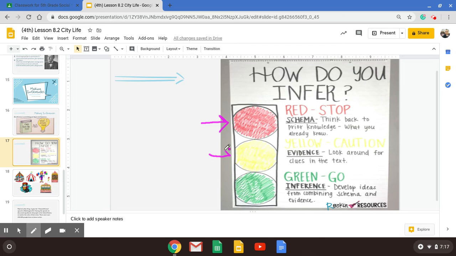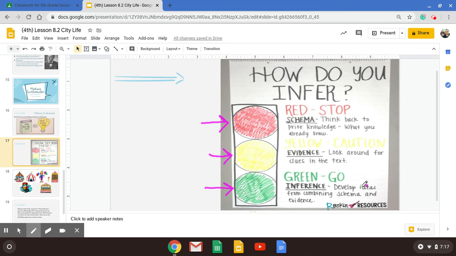And then with caution, you are going to read the text and look for clues as you read it. And then you're going to move to green. Green means go. Go and make an inference.